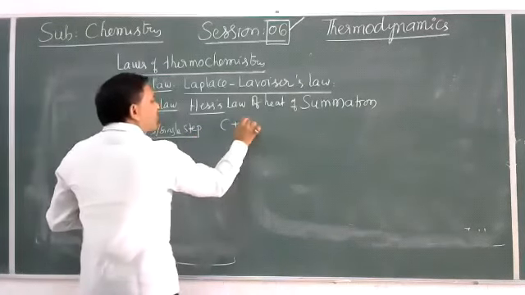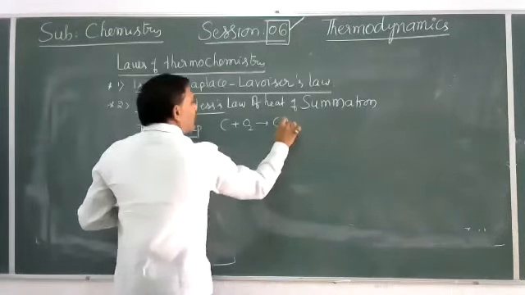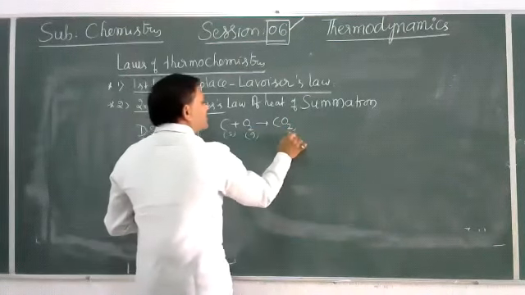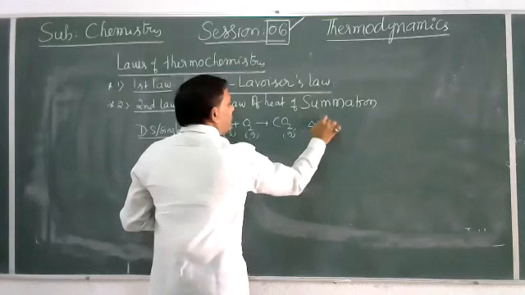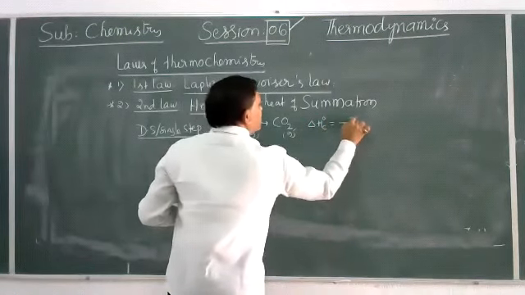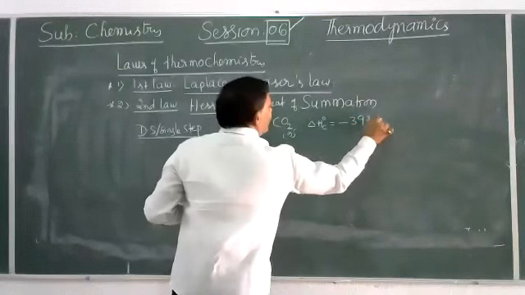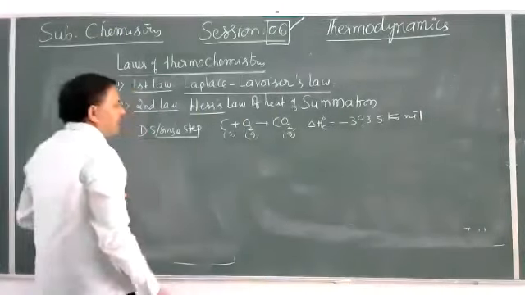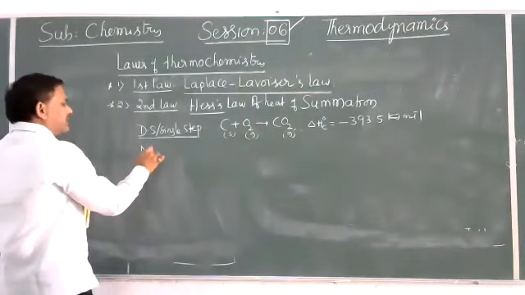C plus O2 gives CO2, carbon dioxide. C is solid and O2 is gas, and CO2 is also a gas. Delta H naught of combustion or the reaction, whatever, is minus 393.5 kilojoules per mole. Multiple steps.